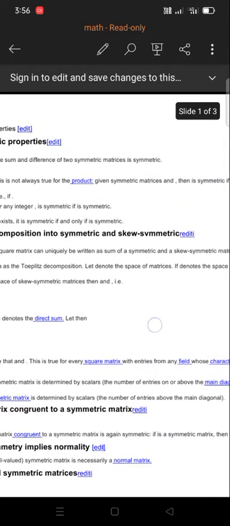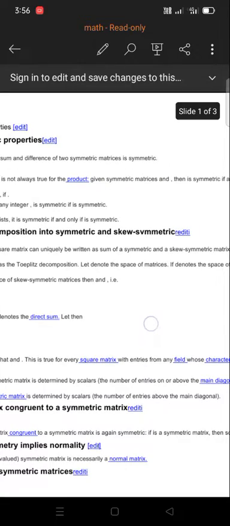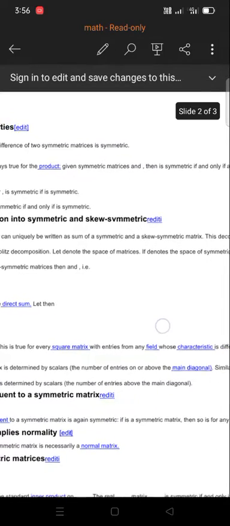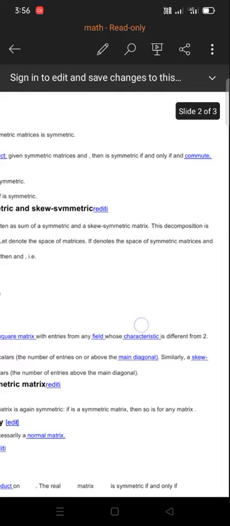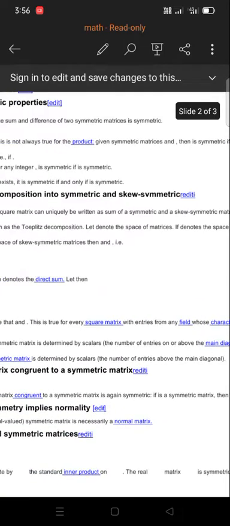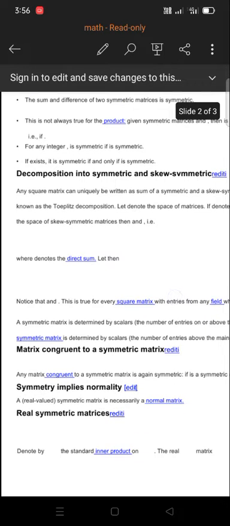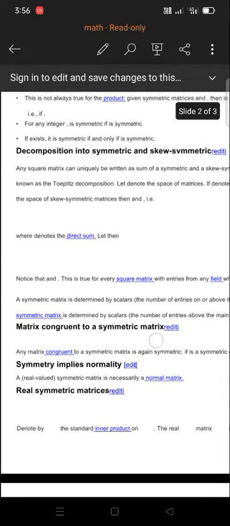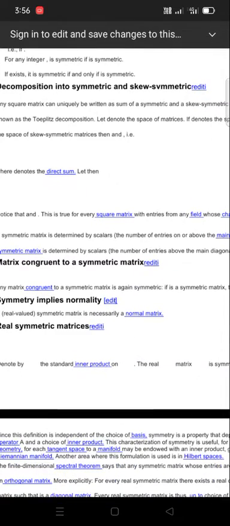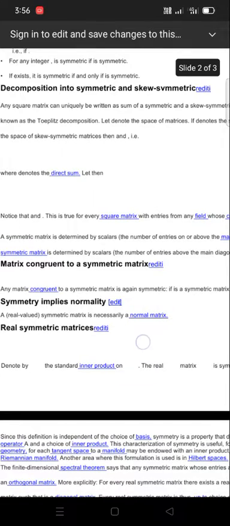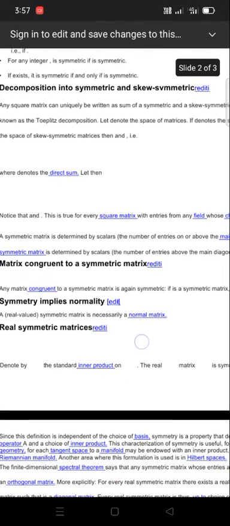Let Mat_n denote the space of n by n matrices. If Sym_n denotes the space of symmetric matrices and Skew_n the space of skew-symmetric matrices, then Mat_n is the direct sum of Sym_n and Skew_n. Notice that this is true for every square matrix.